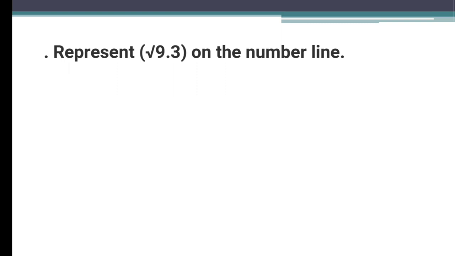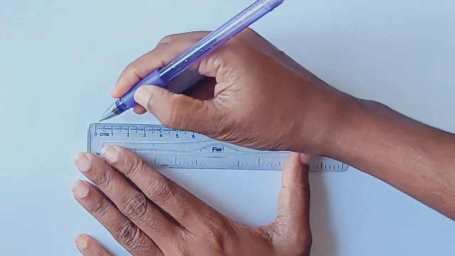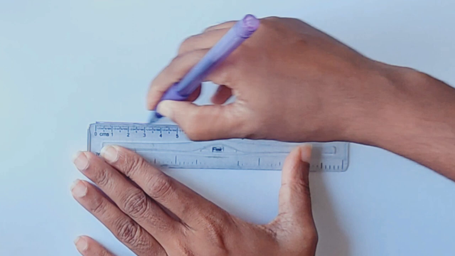Next question, represent square root of 9.3 on the number line. Let's see how to solve this problem. First, take a scale and draw a straight line.